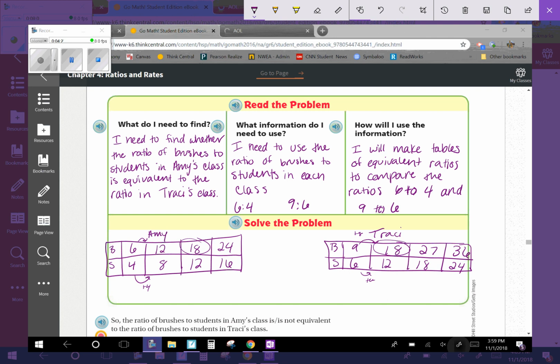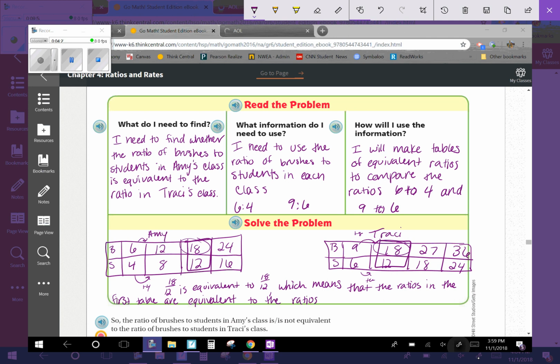I have 18 to 12 here, which is equivalent to 18 to 12, which I have here, which means that the ratios in the first table are equivalent to the ratios in the second table.